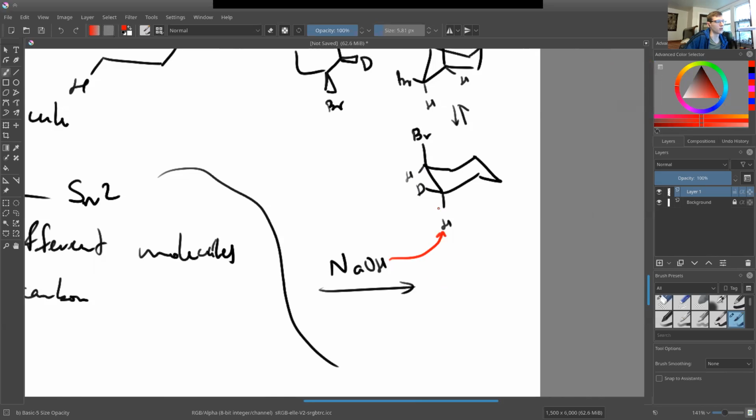So this is going to come here, go up here, and the bromine's going to come off, right? And so what we'll wind up with, well, I can't really draw a chair conformation for this one because there's a double bond in it. But we leave behind the deuterium, and we keep this hydrogen over here.